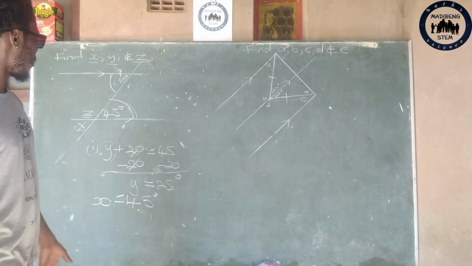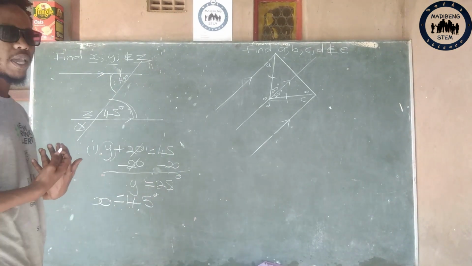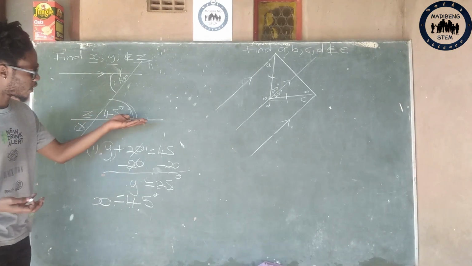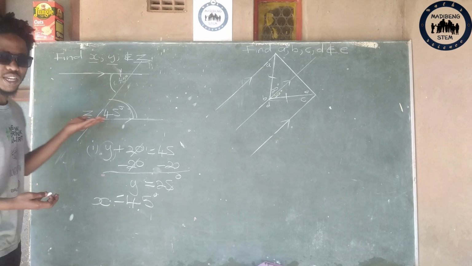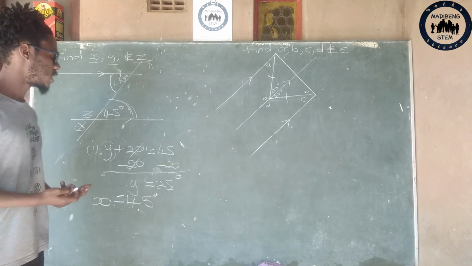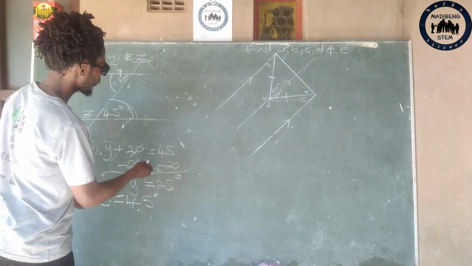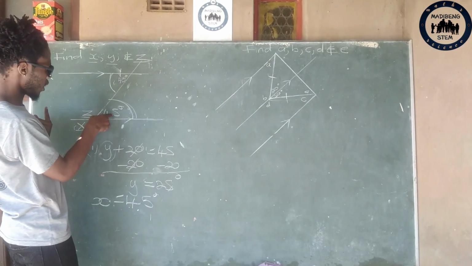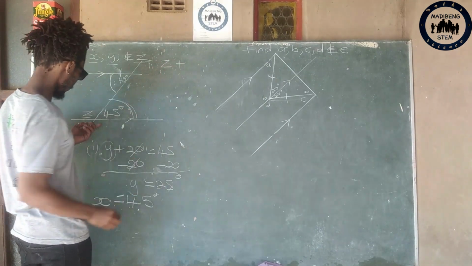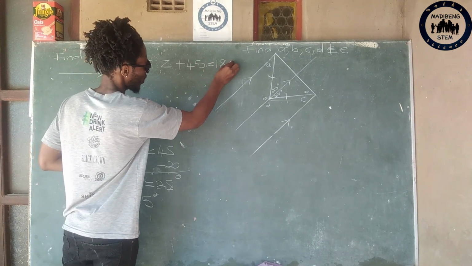We can find z in two ways. We can always use our rules or calculate this angle as it's on a straight line. And as it's on a straight line, we know that the sum of the angles on a straight line is equal to 180. Okay, let me use that method. So this angle and this angle are equal to 180. So z plus 45 is equal to 180.